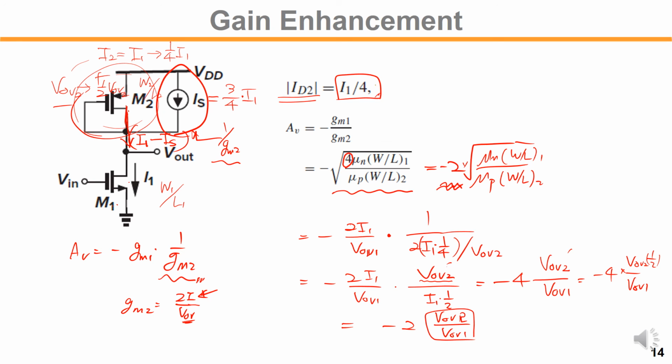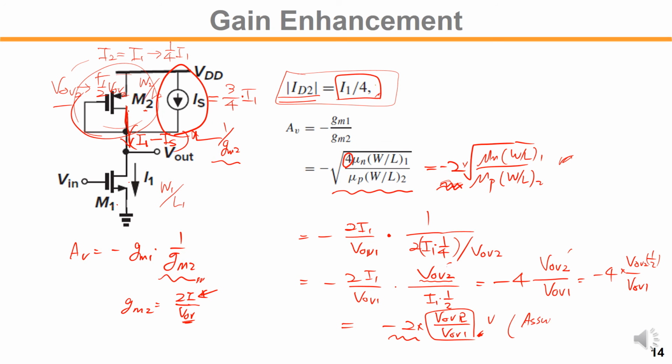In the previous example the gain was like this, but we get another 2x boost. You can think of it in this way or in that way. Either way, you will end up getting 2x larger voltage gain when you have 4x lower current through M2.